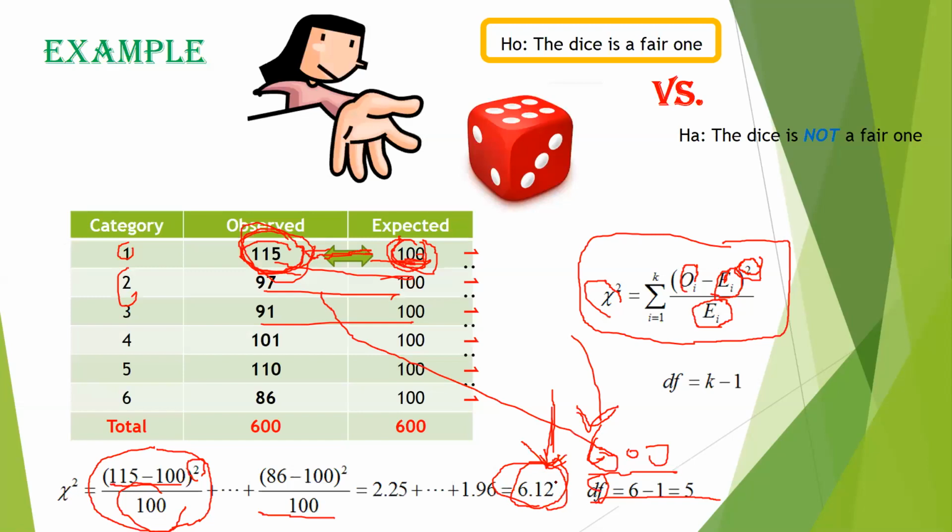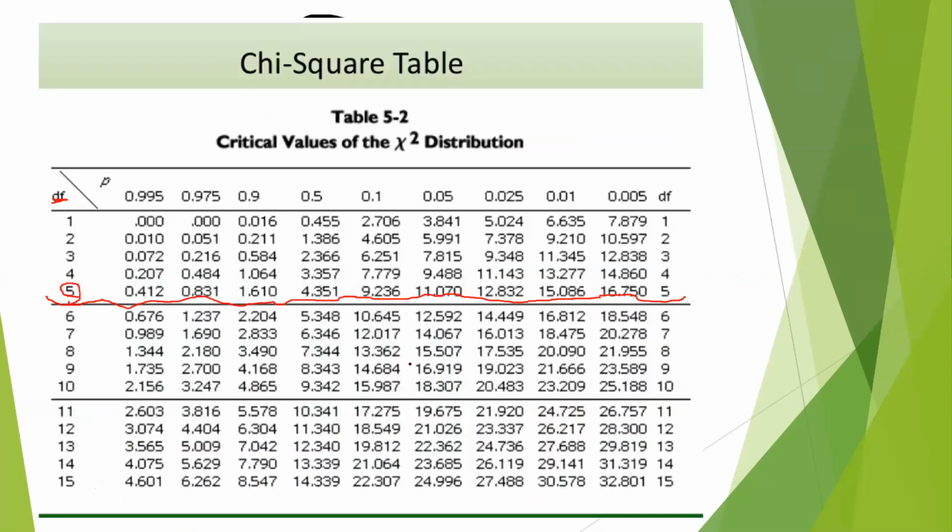The number we calculated equals 6.12, and we find the values on this row closest to this number. The 6.12 is in between these two numbers, right? So the p-value associated with your test will be some value in between 0.1 and 0.5.